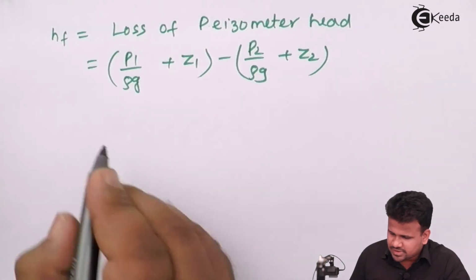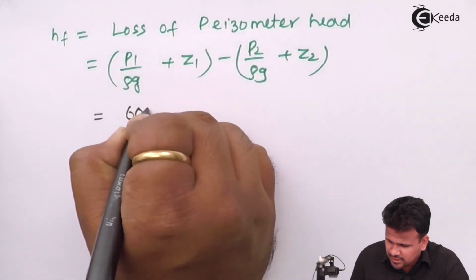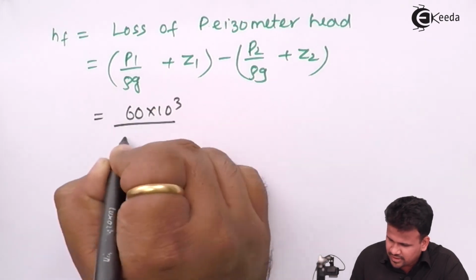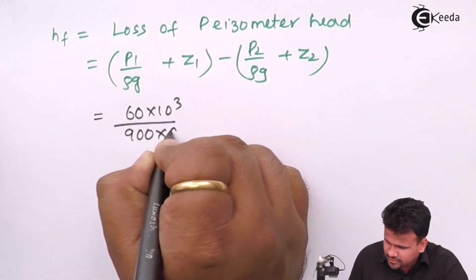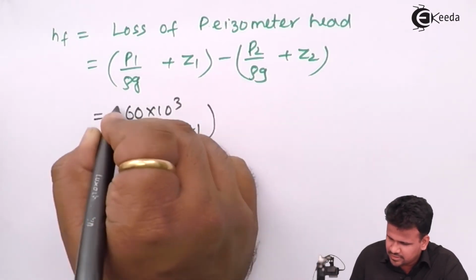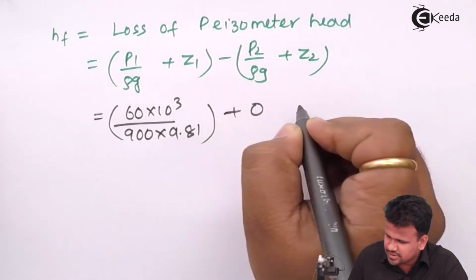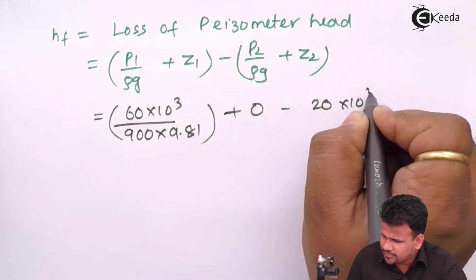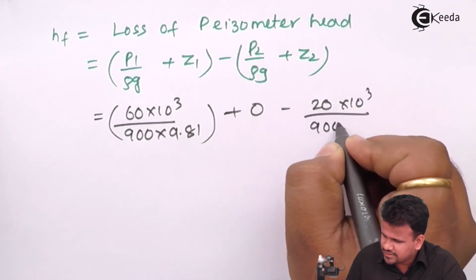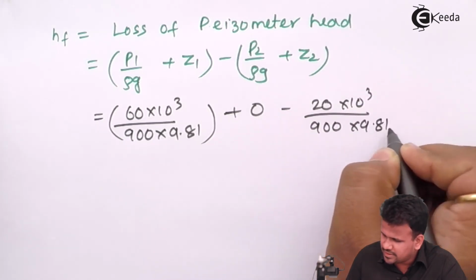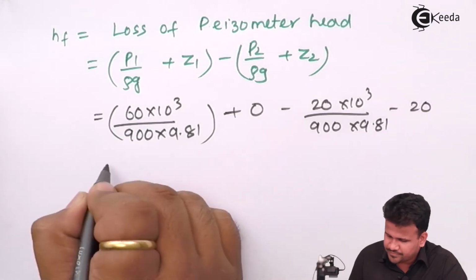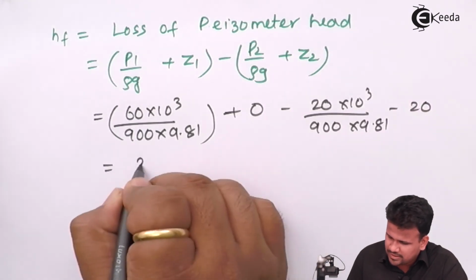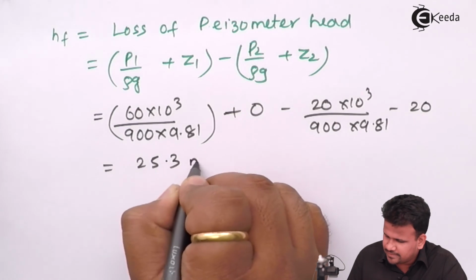So now let us substitute the value. This part comes out to be 60 into 10 to the power 3 upon 900 into 9.81 plus 0, minus 20 into 10 to the power 3 upon 900 into 9.81 minus 20. This comes out to be 25.3 meters.